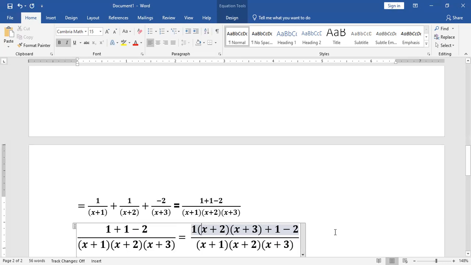So the first part of 1 here will be multiplied by these two. Meaning the second part of 1 will be multiplied by, we will exclude this one, which I'll put in green, meaning it will be multiplied by x1 and x3. The second part there will be multiplied by that.